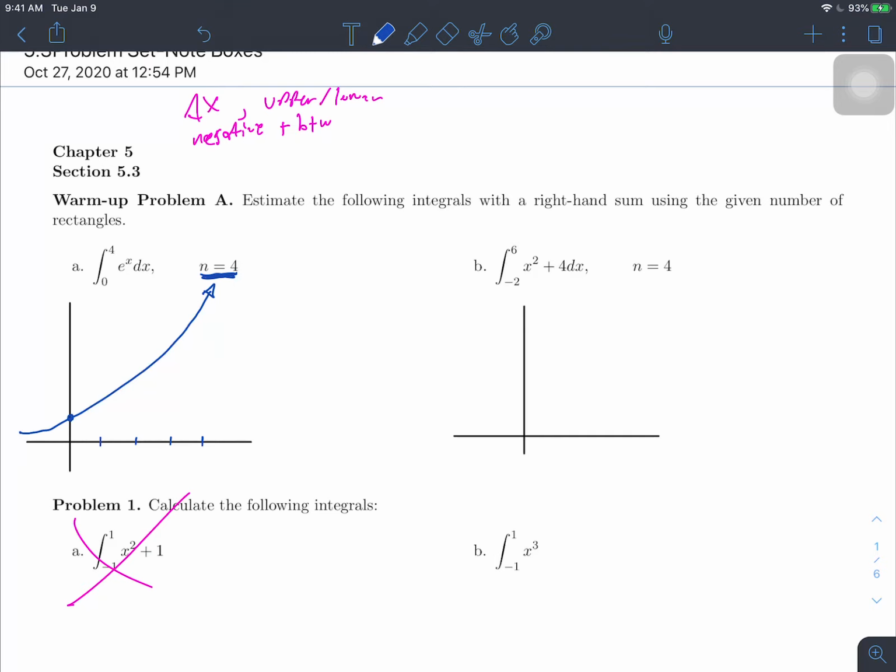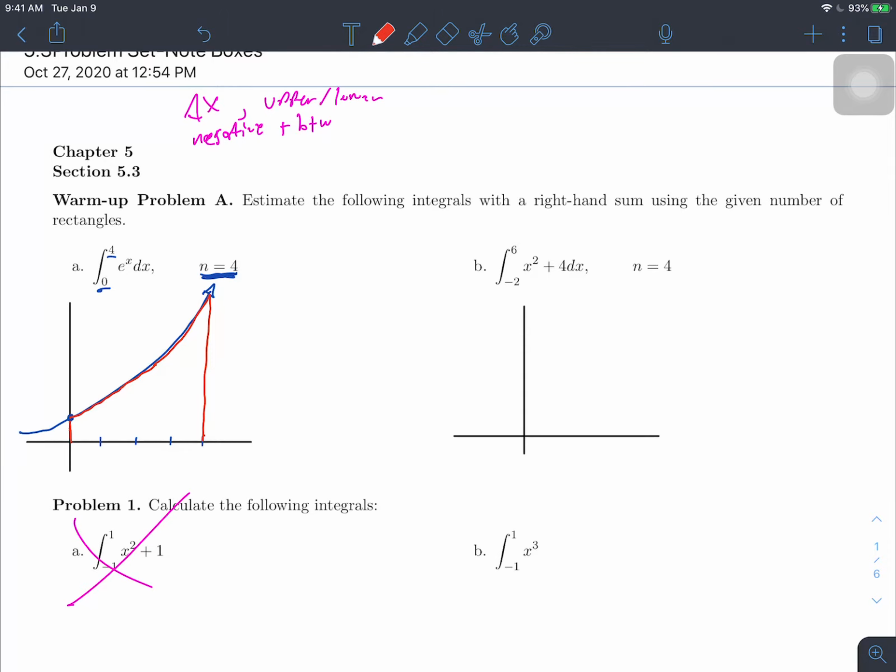Okay, so we're doing the integral from 0 to 4. So let's draw in red the region that I want to get the area of. It's going to go from here to here. And I'm supposed to use 4 rectangles.